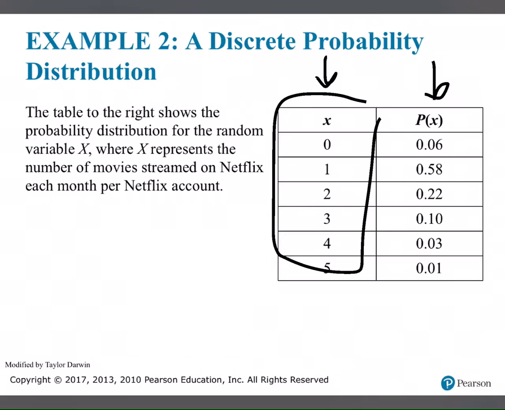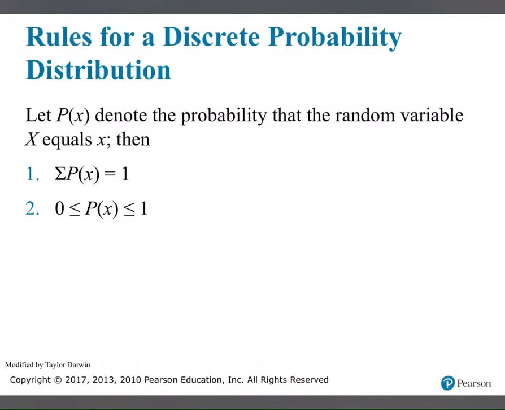We're not talking about color of M&Ms or qualitative data. We're talking about quantitative data now. I like to talk about it in percentages. It basically says that 6% of Netflix users watch 0 movies, or 58% watch 1 movie. That's how you can read this.